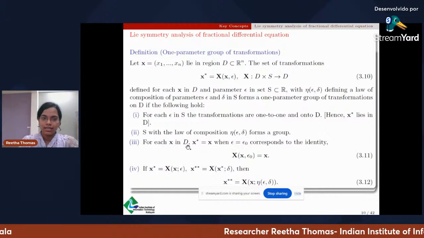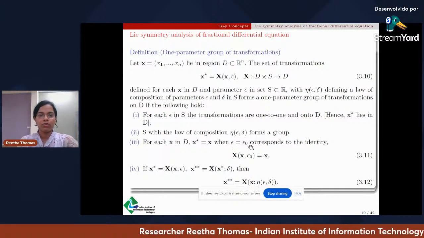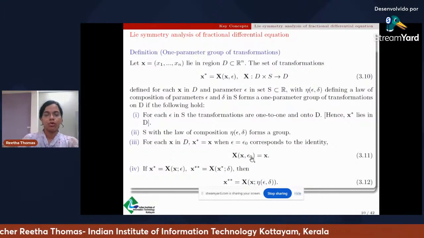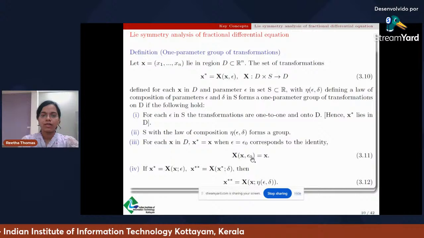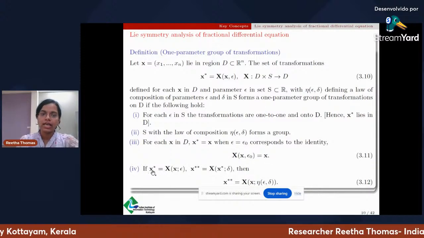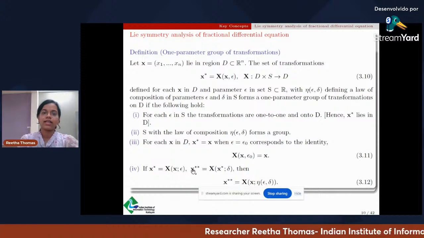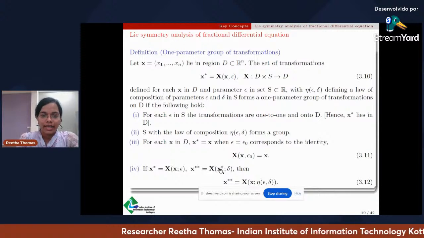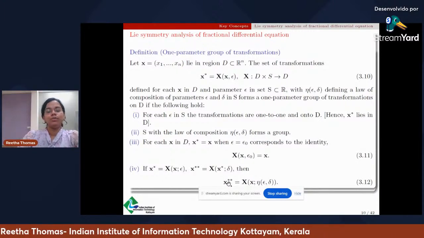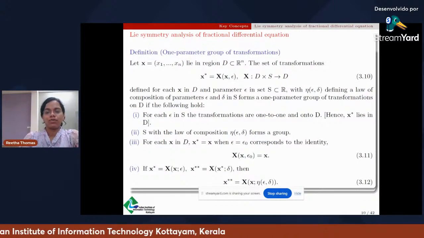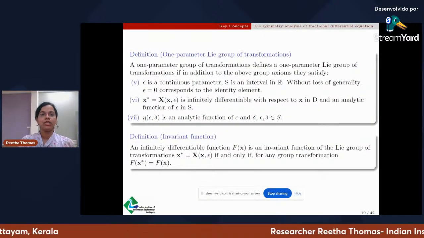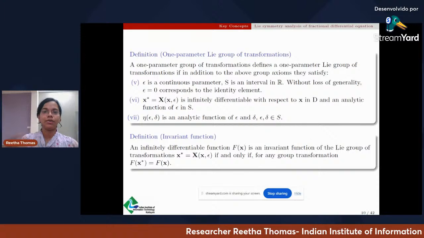And for each x in D, epsilon equal to epsilon naught corresponds to an identity element, that is, if epsilon naught is 0, then x of x, epsilon naught equals x, the identity property. And if x star acts on x with epsilon and x double star acts on x star with the parameter delta, then x double star equals x of x, eta of epsilon and delta. This is the one parameter group of transformations.